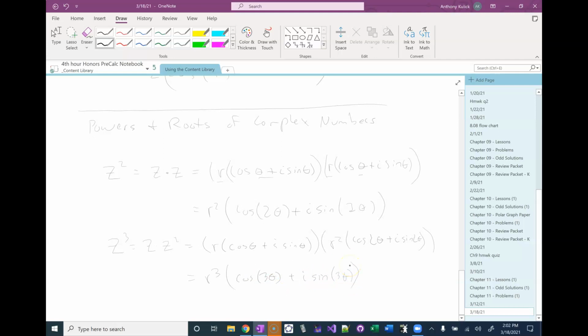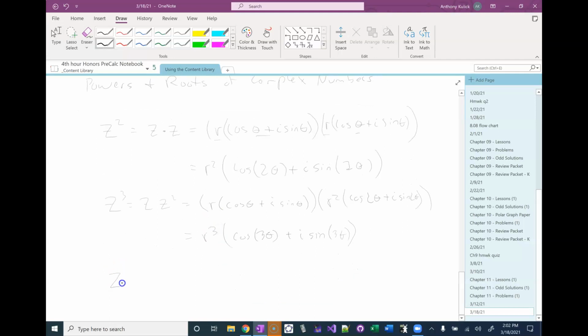Do you guys see a pattern going on here? So that pattern is z to the n is r to the n (cosine n theta plus I sine n theta). Which is pretty rad, right?